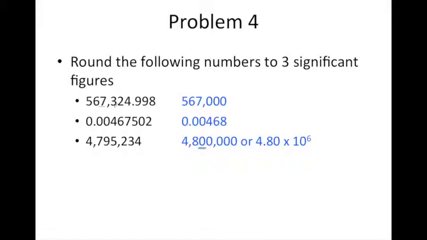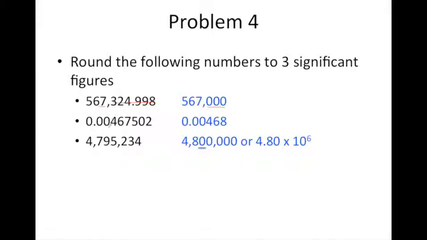Here we have a 3, so we would not round the 7 up, we would leave it as a 7. So we would drop the 3, 2, 4 and everything here, but as our rules tell us, we have to add some zeros here to keep the place the same. So we'd have to replace the 3, 2, and 4 with zeros, because 567,000 is not the same as 567. So we have to add those zeros, and these are insignificant zeros. So again, we just have 3 sig figs here.